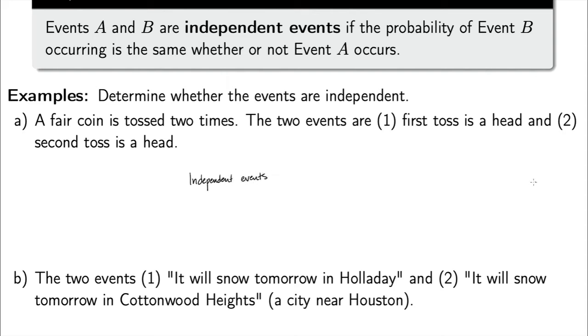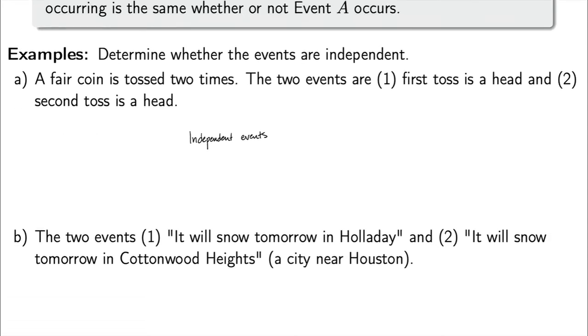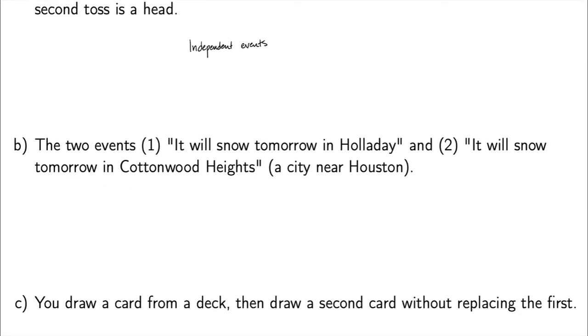All right, this next one, 2 events. 1, it will snow tomorrow in Holiday, and 2, it will snow tomorrow in Cottonwood Heights. This is not a city near Houston. I changed that for my video, so forget about that. We know where Cottonwood Heights is. It's very close to Holiday.